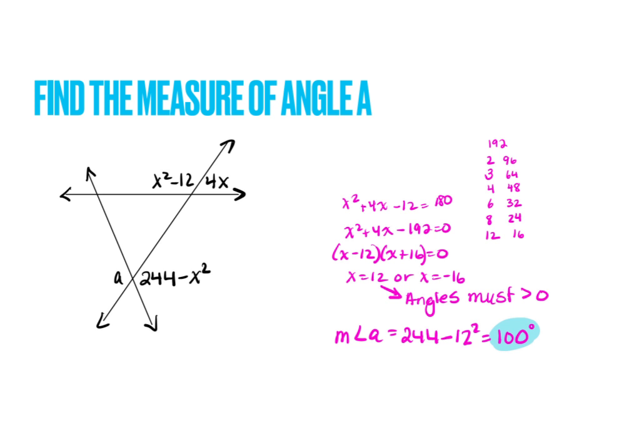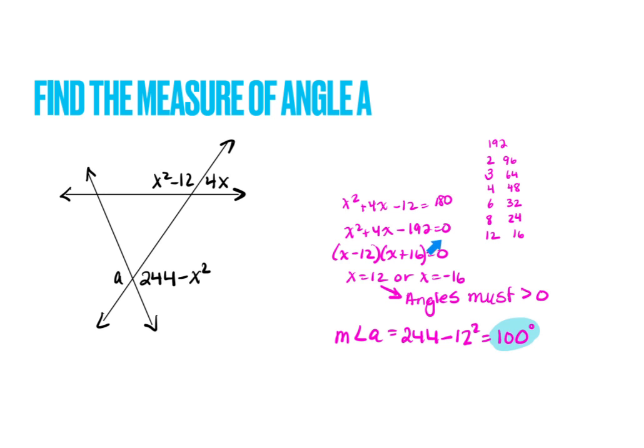Okay, here's my answer. Notice the relationship I can see is that this angle and this angle form a linear pair, and they're supplementary. So that means their measures have to sum to 180. So I wrote this over here, this equation, and I solved it. But to solve it, I need to solve a quadratic, which means I need to factor it.